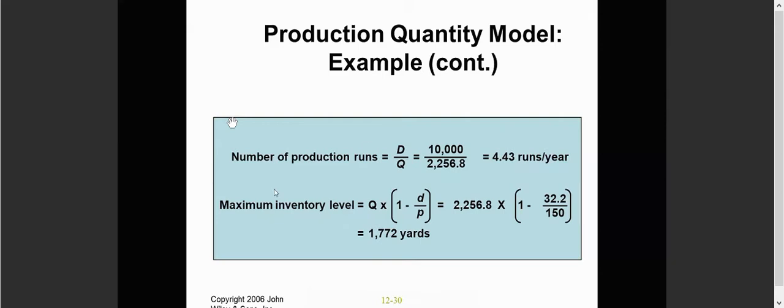And the next is the maximum inventory level. To get the maximum inventory level, Q multiplied by 1 minus daily demand divided by production rate per day. So we have 1772.